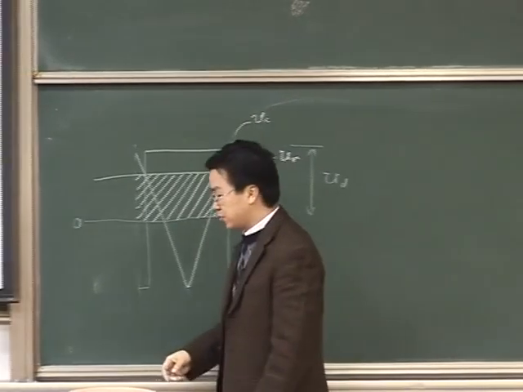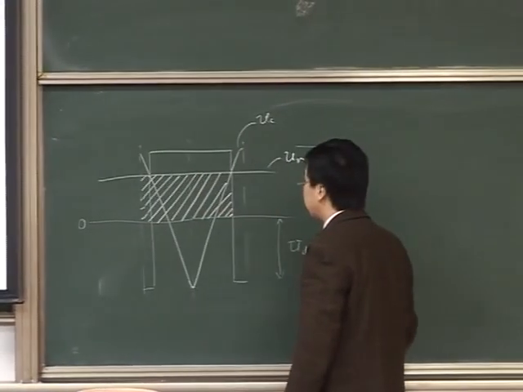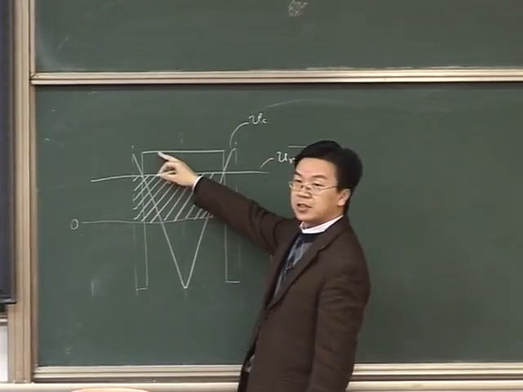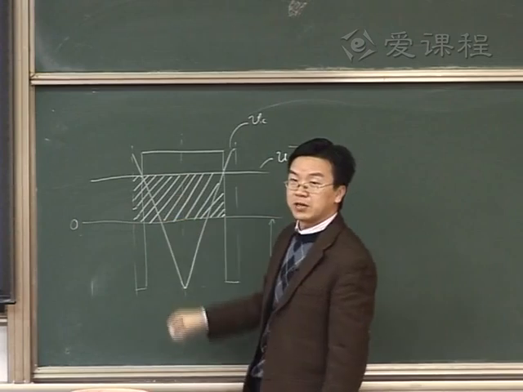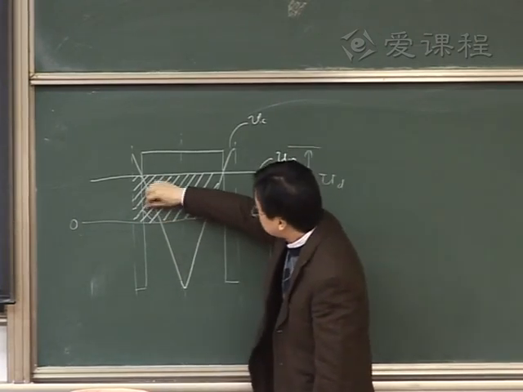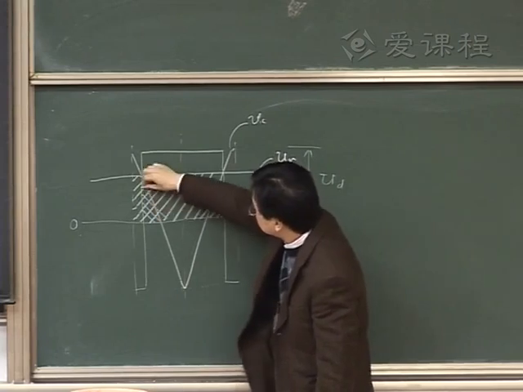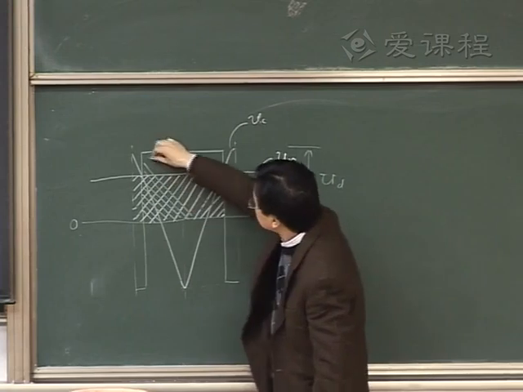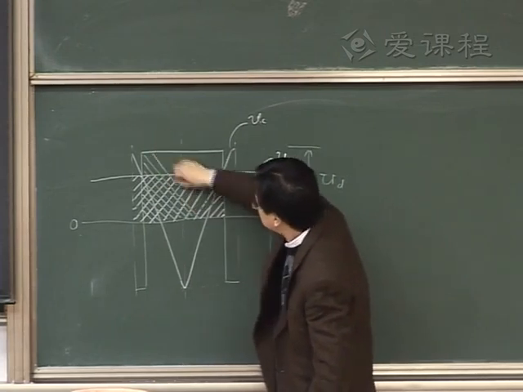Then you can actually prove. What is the area of this square wave pulse? The square wave pulse has this part, which is the area when this pulse is positive. That's one part.